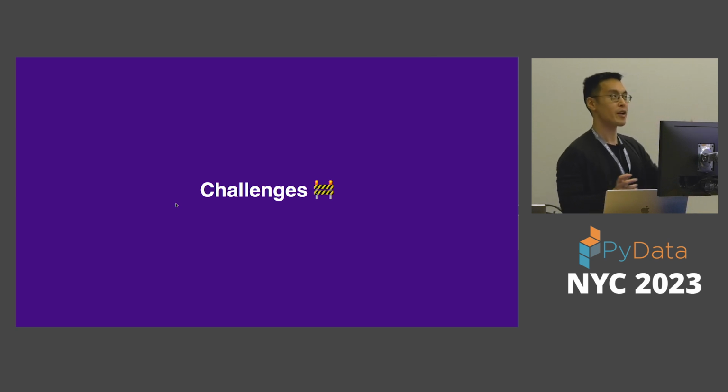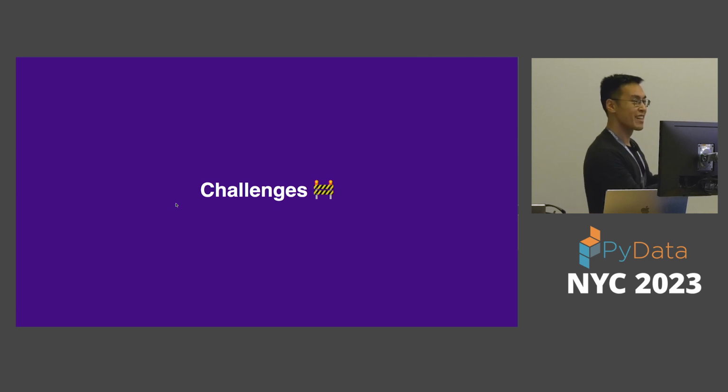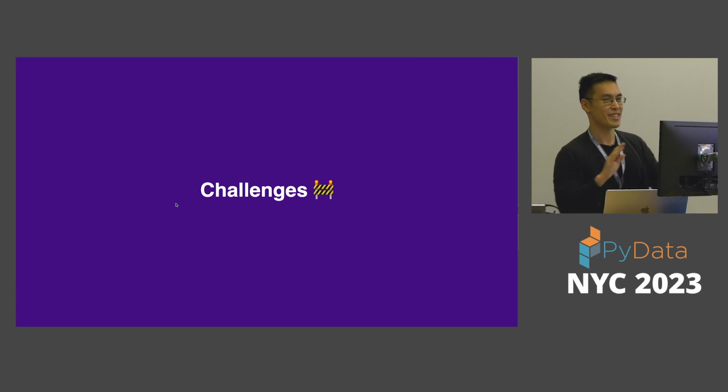How many of you have maintained NumPy code right now? You have NumPy code or PyTorch code, and you work with it in your day-to-day job. If you want to write it in Array API, these are the challenges you will face when migrating. A subset of them, not all of them, but some things I want to highlight.